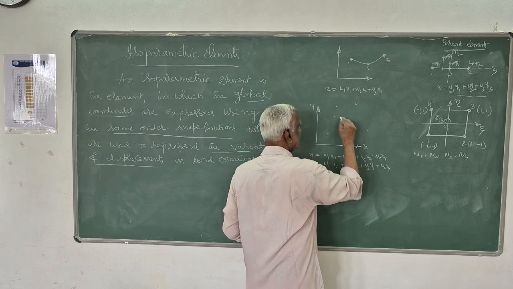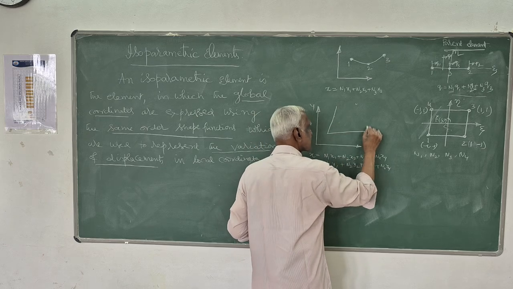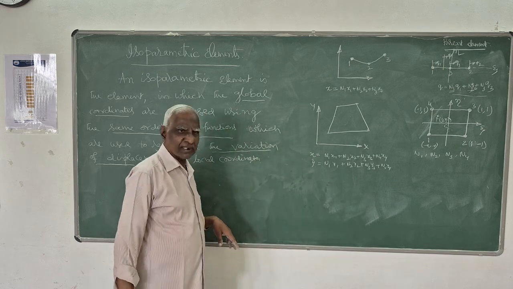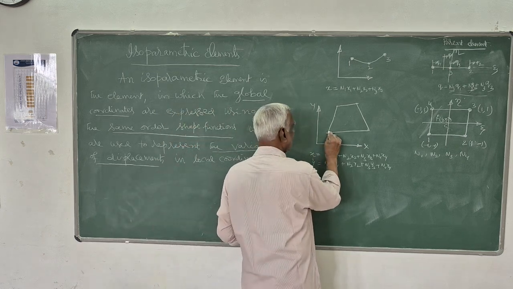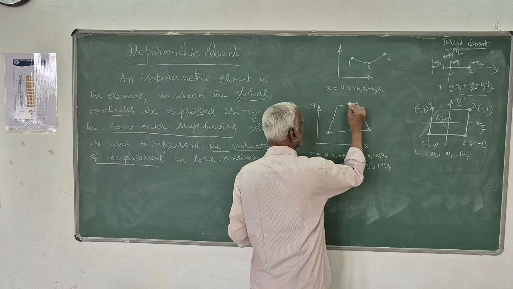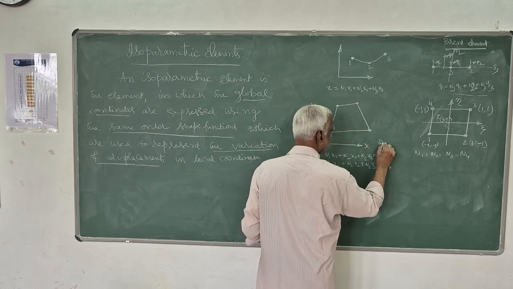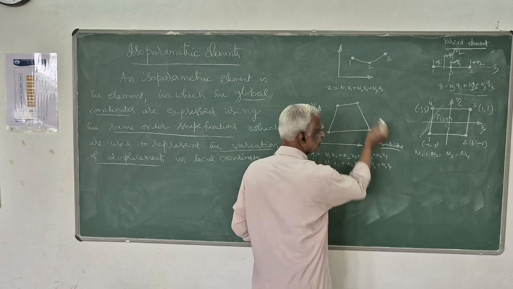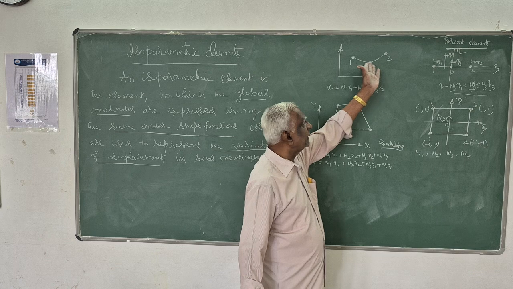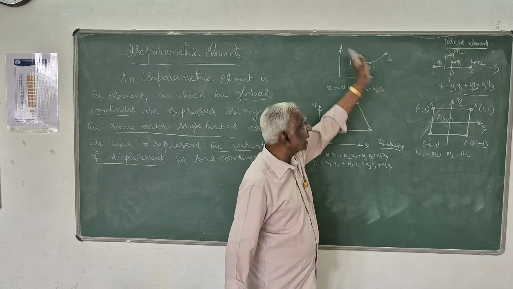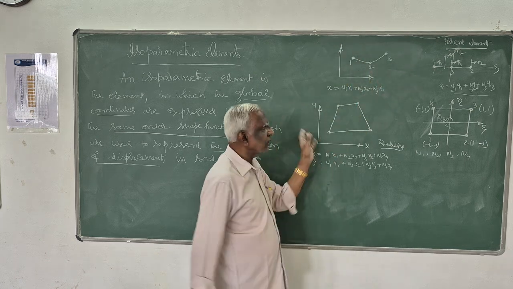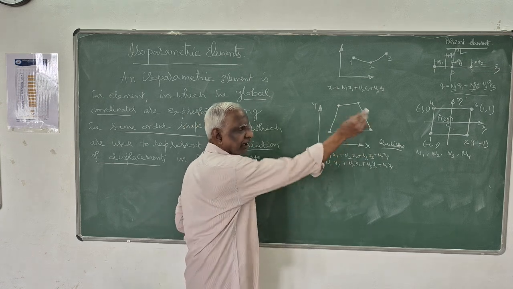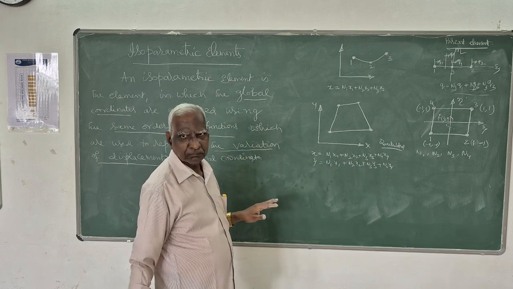It will be a distorted figure, and that will become a quadrilateral. Here also, it will be a distorted shape, either linear or curved. Here it is linear; if you go for higher order, it will be curved.